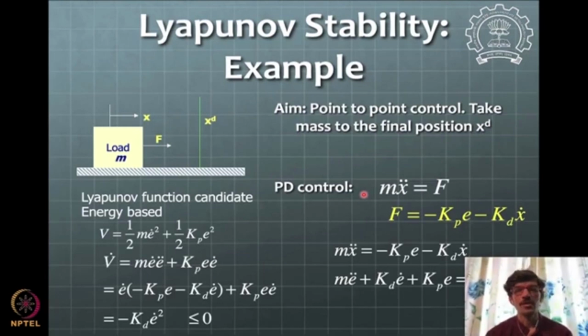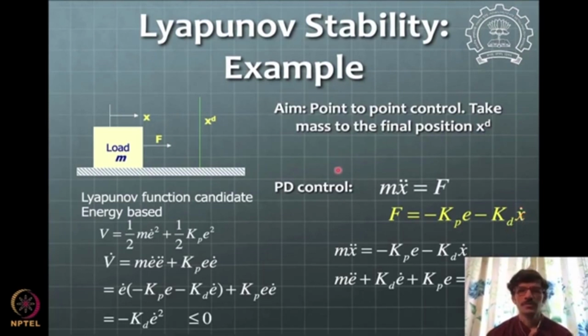The system can be transformed into the error equation by considering x_t minus x. We want to take the system to x_t, so x_t minus x is the error, and then we can convert this into m E double dot equals F as the new system. You do a few intermediate steps to see that m E double dot is finally your equation, and F is defined in terms of E as Kp times E minus Kd times x dot.